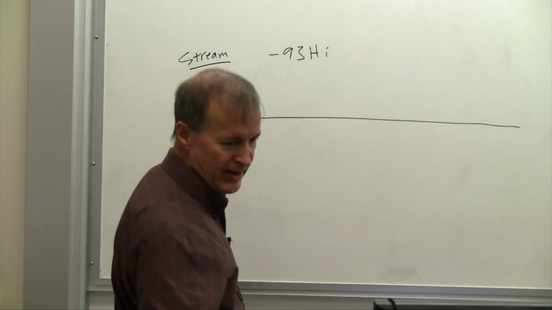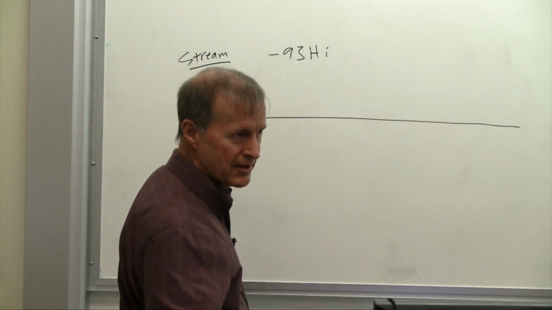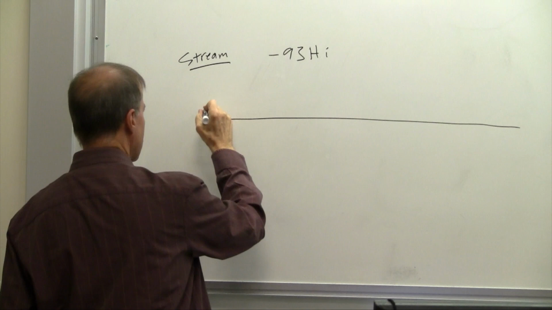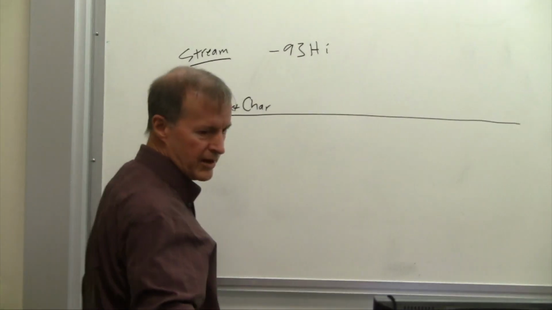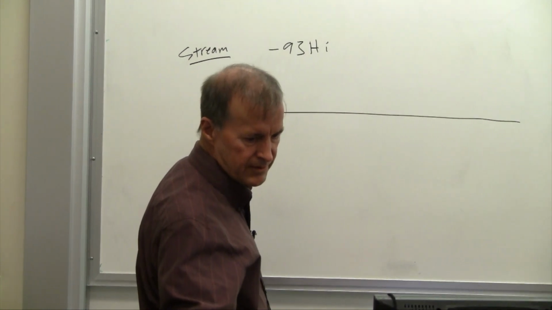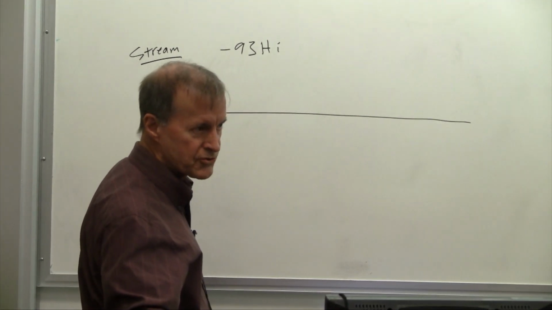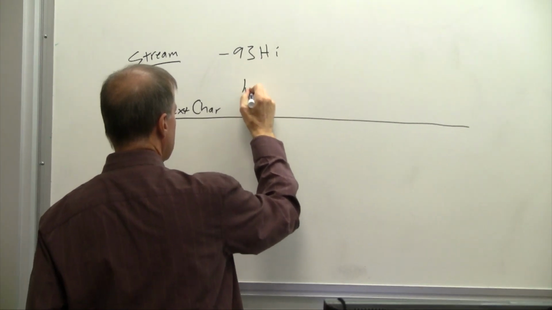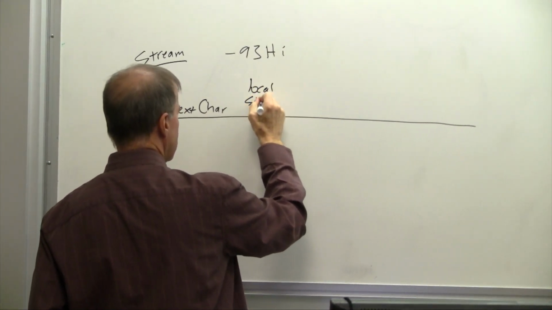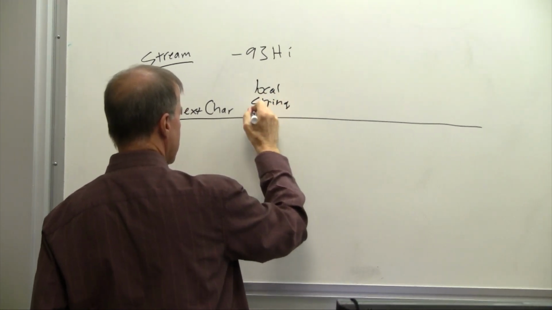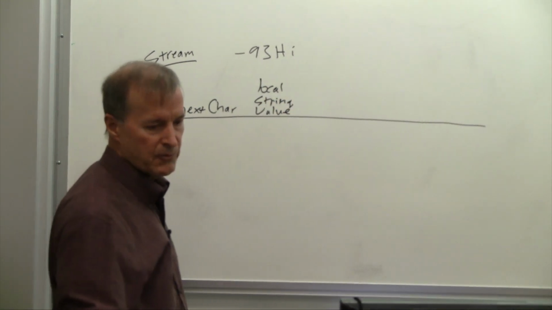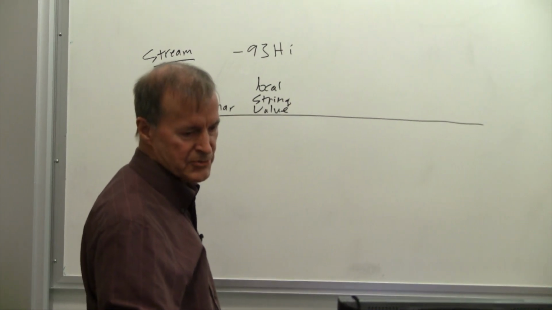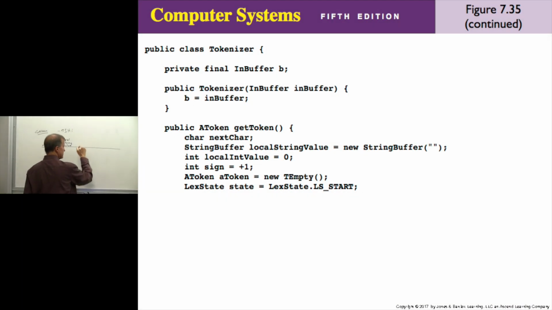So check this out. What do we have? We have nextChar, which is of type char. What's the next one? Local string value. Is everybody with me? And what else do we have? Local int value.